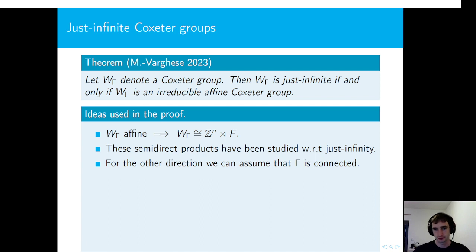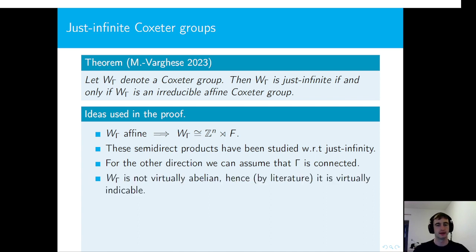Okay, so we can assume that Γ is connected. And if W_Γ was virtually abelian and connected, then it would be irreducible affine. So W_Γ is not virtually abelian.